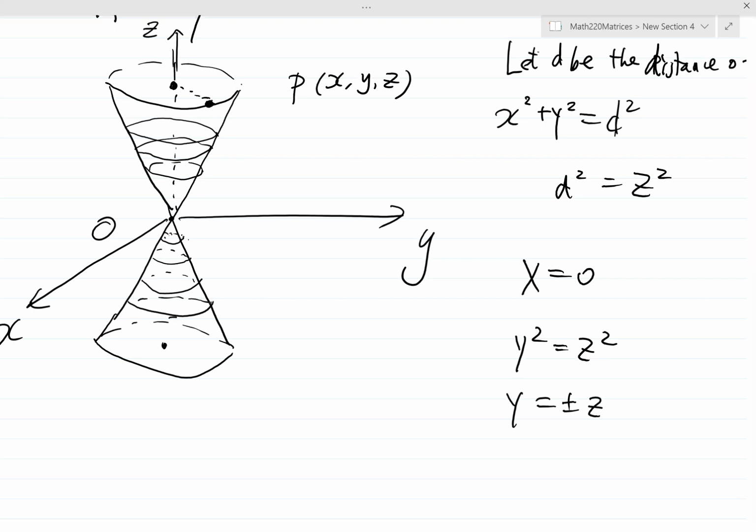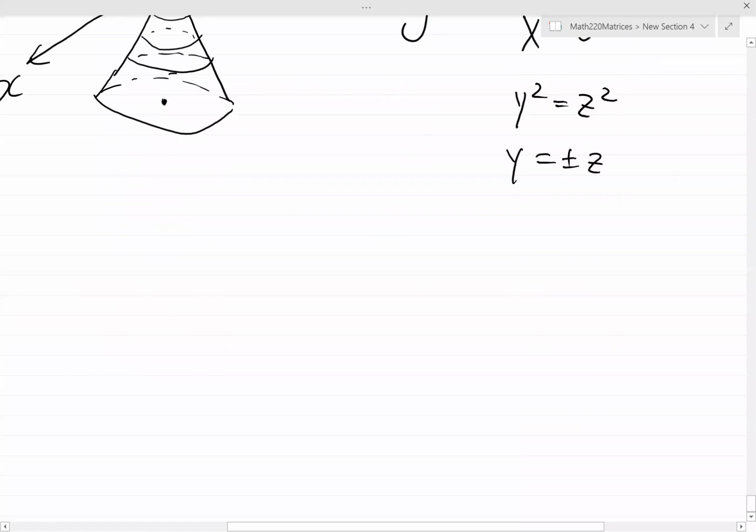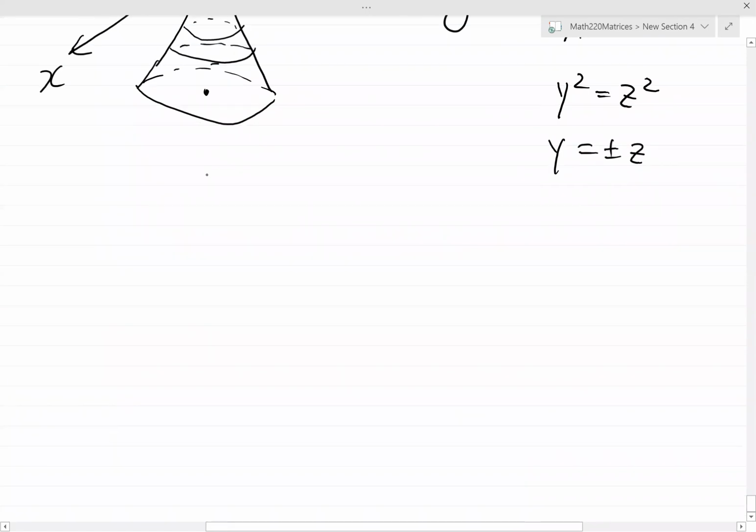Now let's write down the general form of a quadratic surface. We just write down every term.